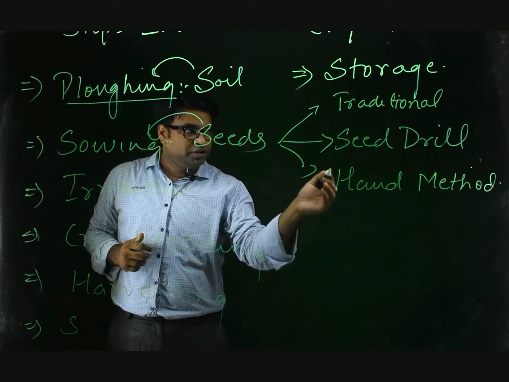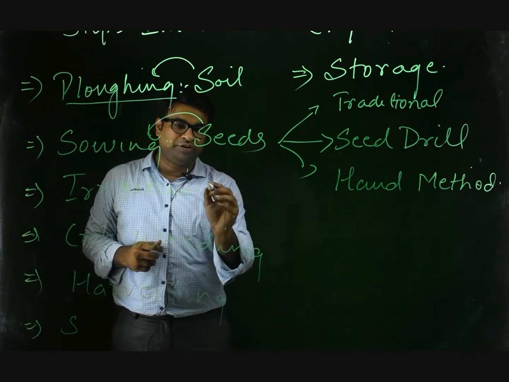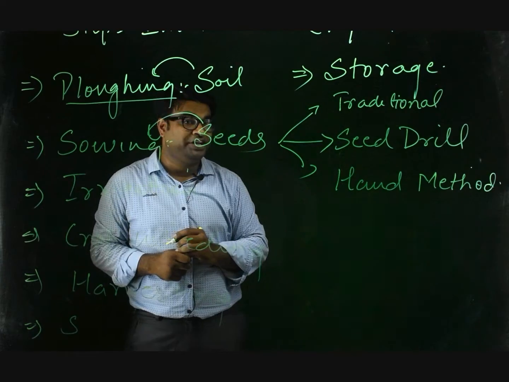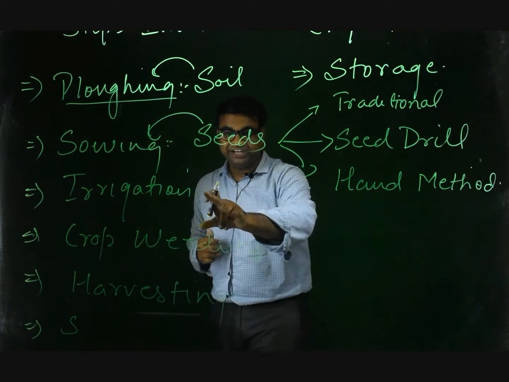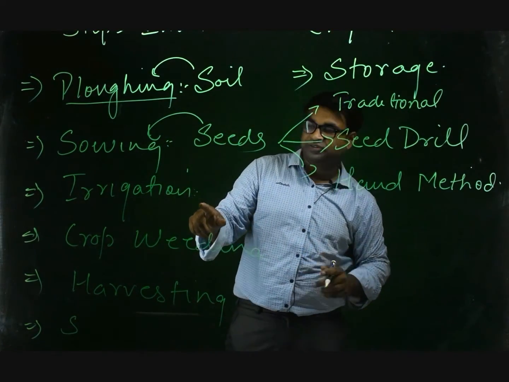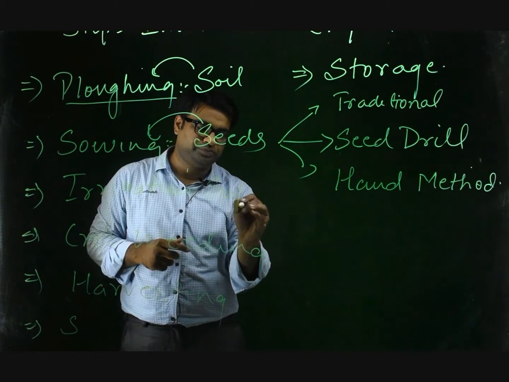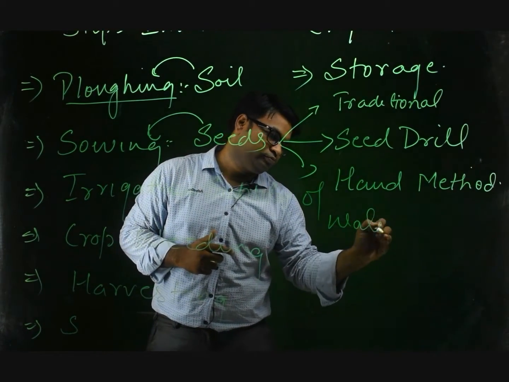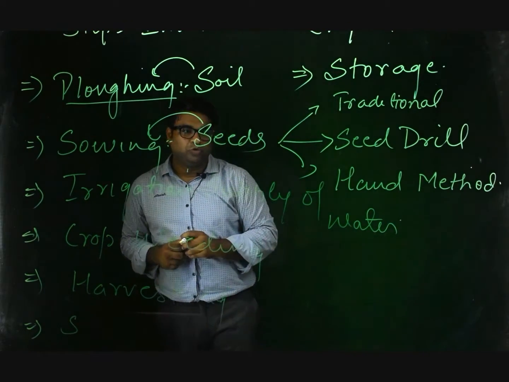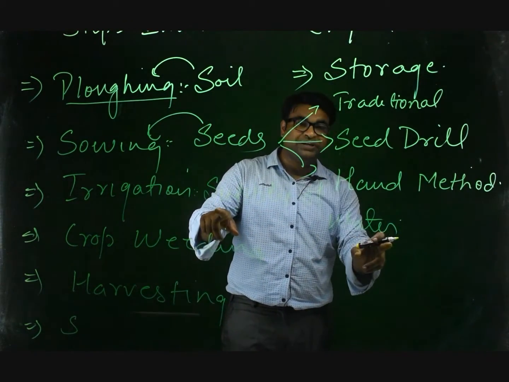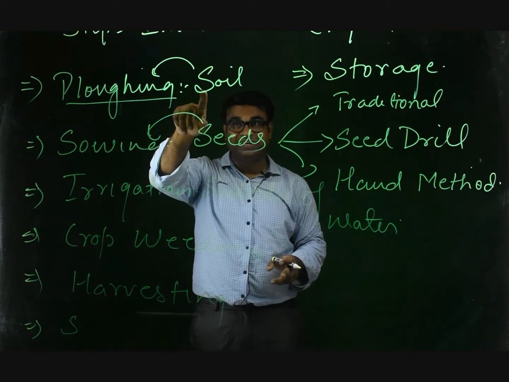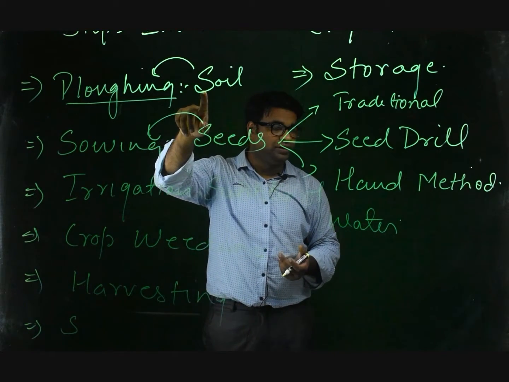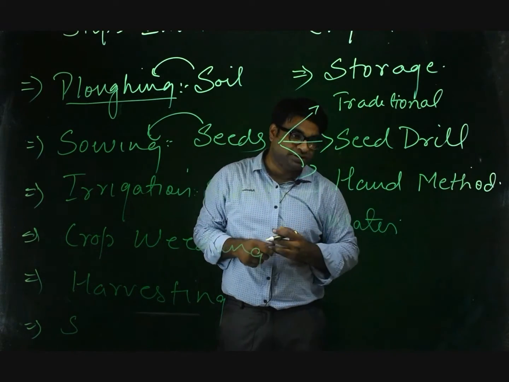Now after sowing the seeds in the soil, the most important thing is irrigation. Irrigation means the supply of water to the field, or you can say the soil, with various methods.